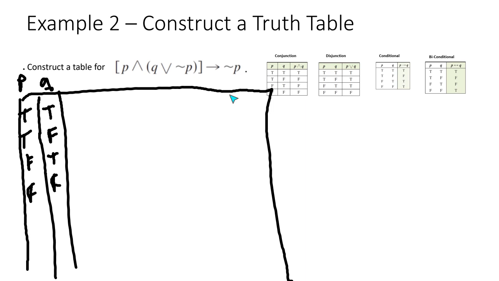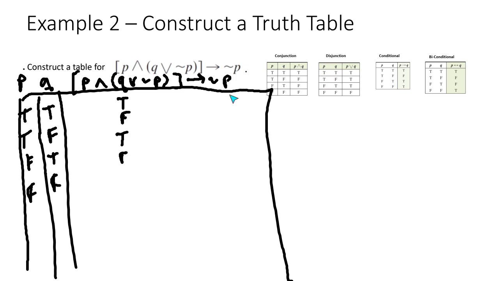All right, so here we have our bracket, P and Q or negation P, bracket, and then our arrow for if then, negation P. So I'm going to do P, well, let's stick with the parentheses. So Q is true, false, true, false.